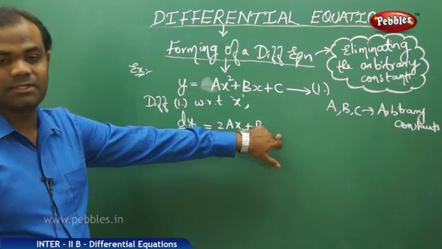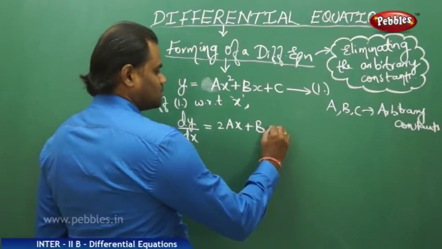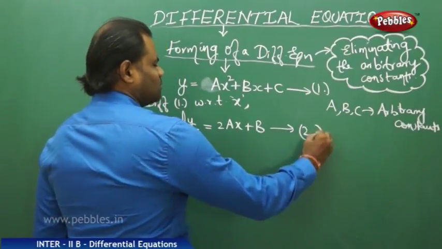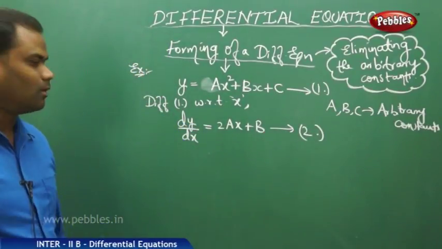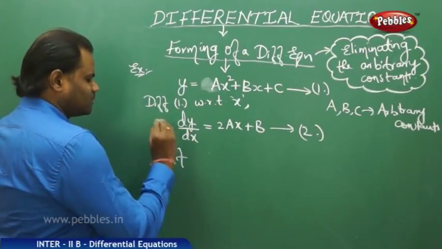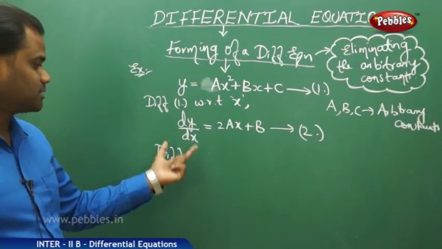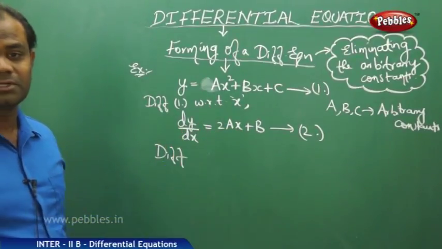Therefore, I don't have c, which is totally eliminated. Now this is equation 2, which I have obtained. But now again I differentiate 2 with respect to x, and see what would be the next differential equation I obtain.